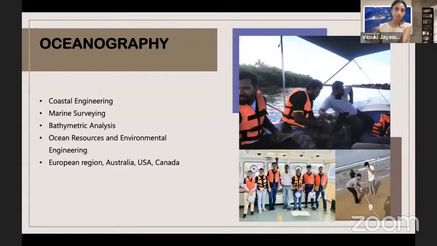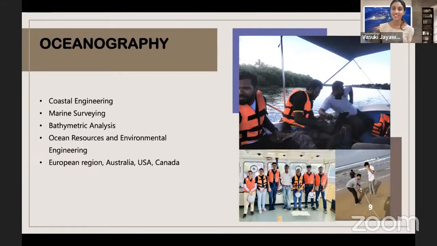And then the oceanography that I was talking about. There are some pictures that we have taken on our site visits and the practicals that we have done. It is about coastal engineering, marine surveying and bathymetric analysis. You can do exploration and map what's there in the sea, and you can see how the bathymetry is.